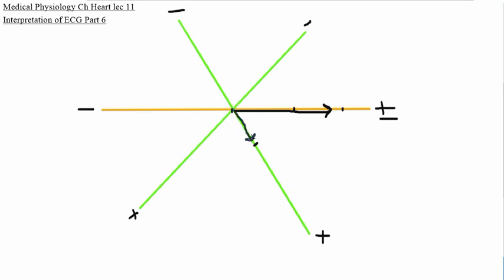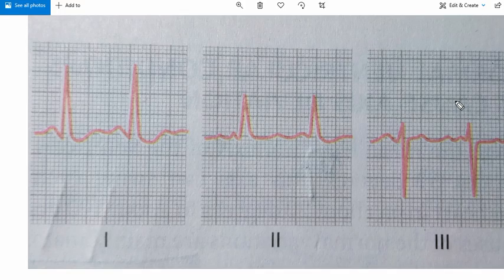Now we have to discover the vector that is given by our electrocardiography on lead 1, on lead 3. This is lead 3. Then we will determine the resultant vector, the QRS vector potential, and whether it is deviated towards the right or towards the left.